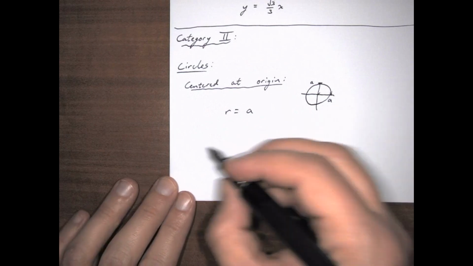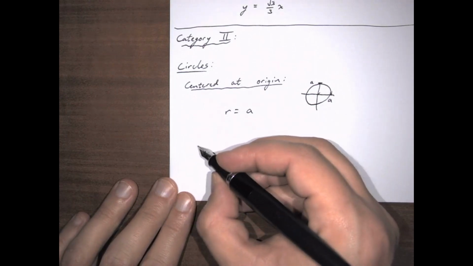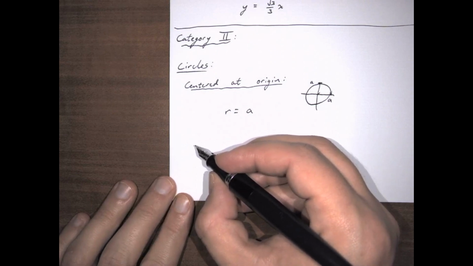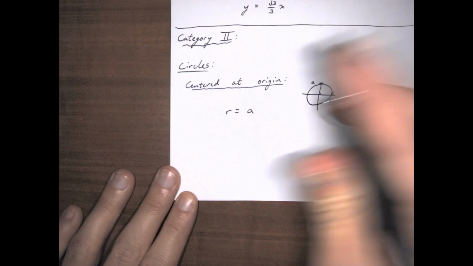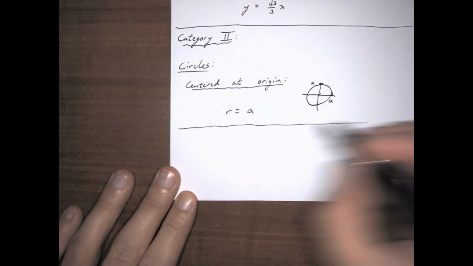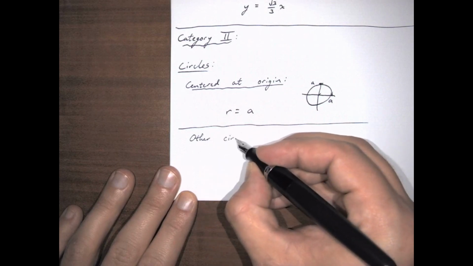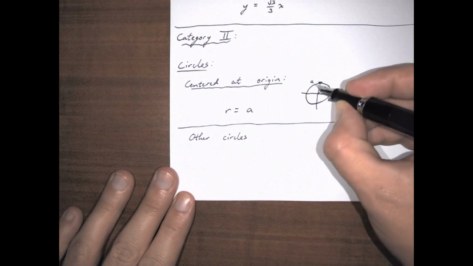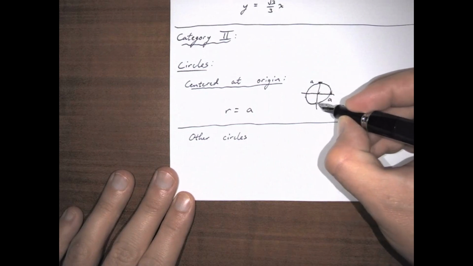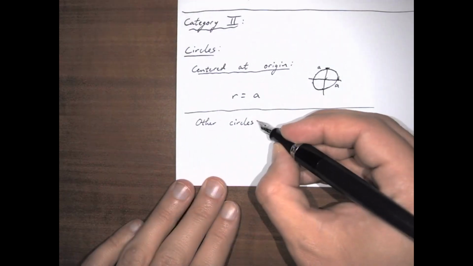Now there are a couple other special kinds of circles, and these are circles that have been a little bit altered. These all just come from the fact that what we have here, no matter what theta we put in, it's just going to be the same value of r.